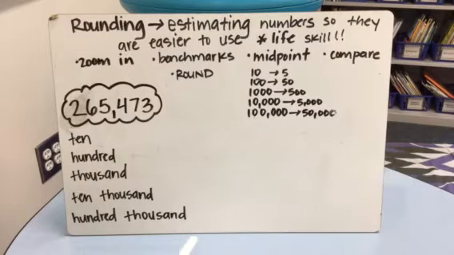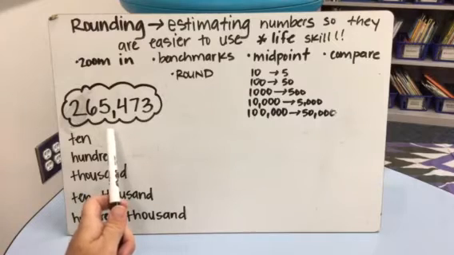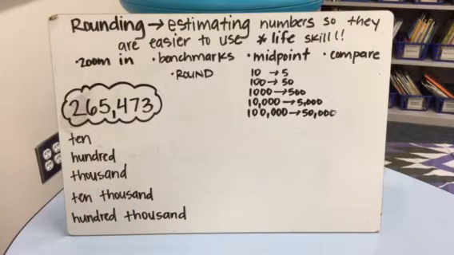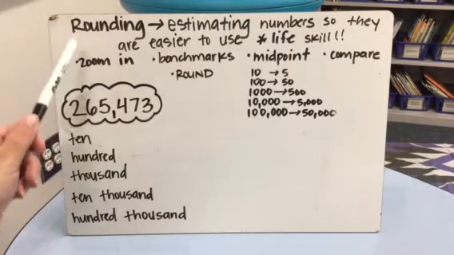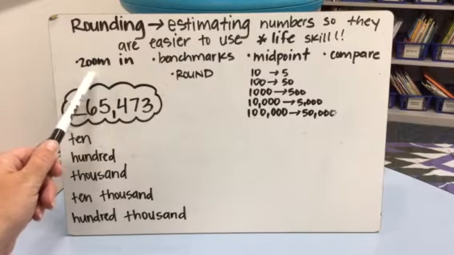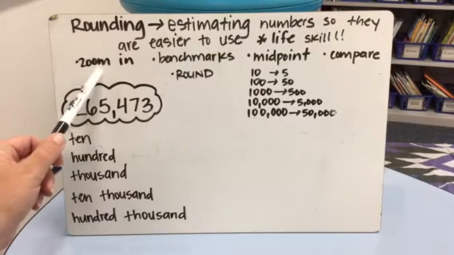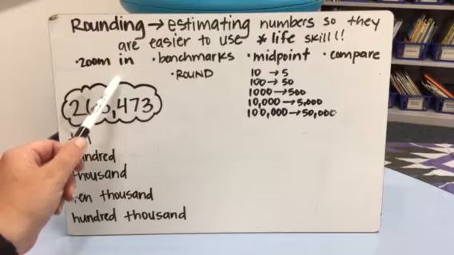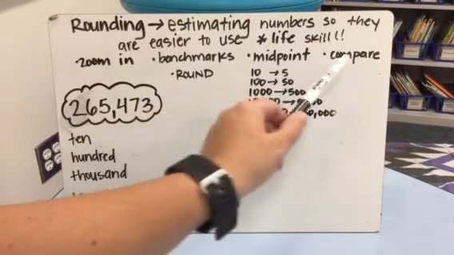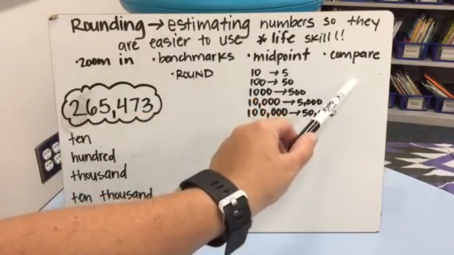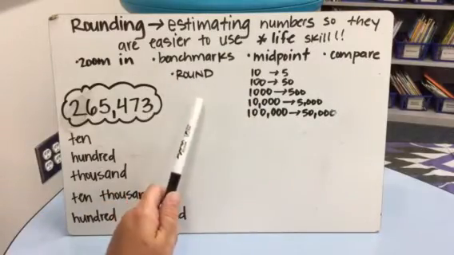So I'm going to walk you through the steps that we take, point out some of the tricky parts that are sometimes confusing or a stumbling block, and show you how to round this number in 5 different ways. These are the steps that I model for the students: I zoom in on the place value where I'm rounding, I find the benchmarks, the midpoint, I compare my number to the midpoint, and then I round.